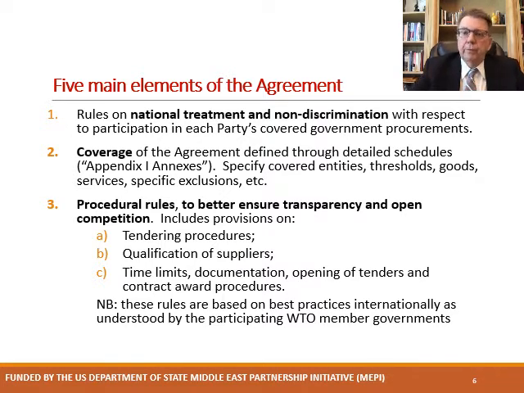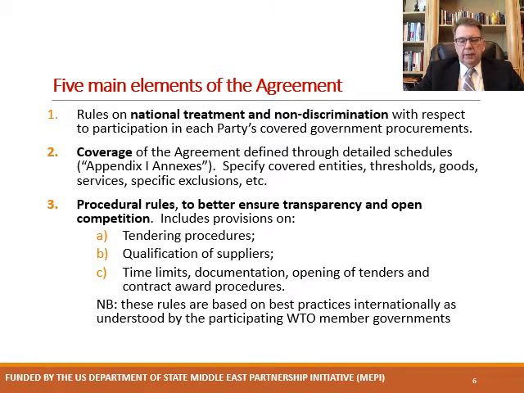The third main element that I'll mention here, main element of the GPA, consists in the procedural rules of the agreement. These are intended to better ensure transparency and open competition, non-discriminatory competition. And these rules deal with matters such as tendering procedures, qualification of suppliers, time limits, documentation, opening of tenders, contract award procedures, and so forth.